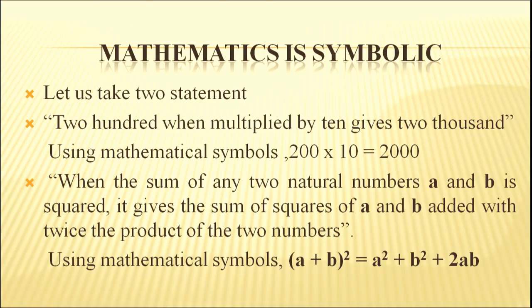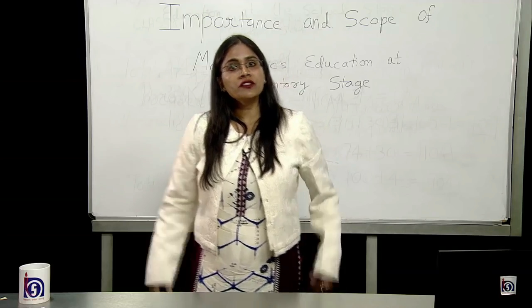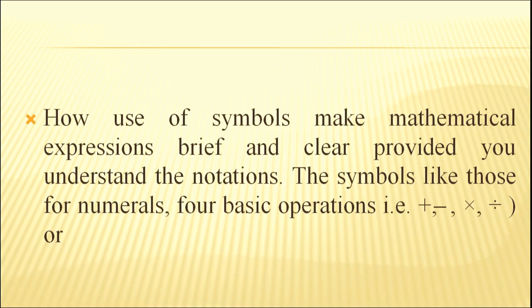Now, second statement is when the sum of any two natural numbers, say a and b, is squared, it gives the sum of squares of a and b added with twice the product of the two numbers. See how the use of symbols makes a mathematical expression brief and clear, provided you understand the notations.